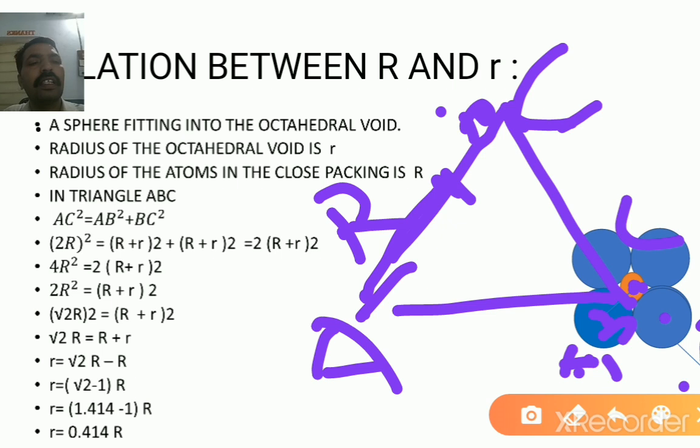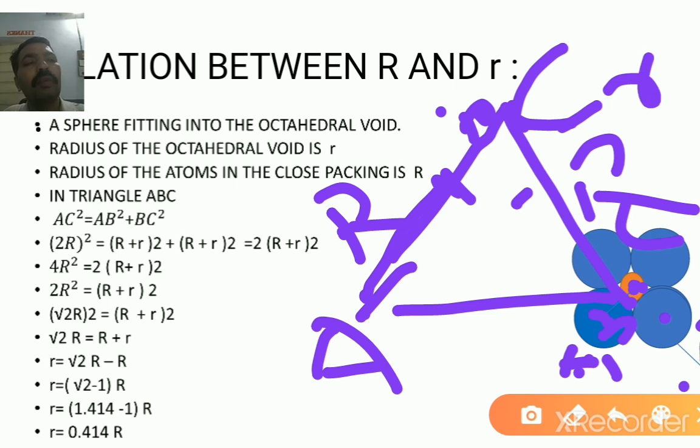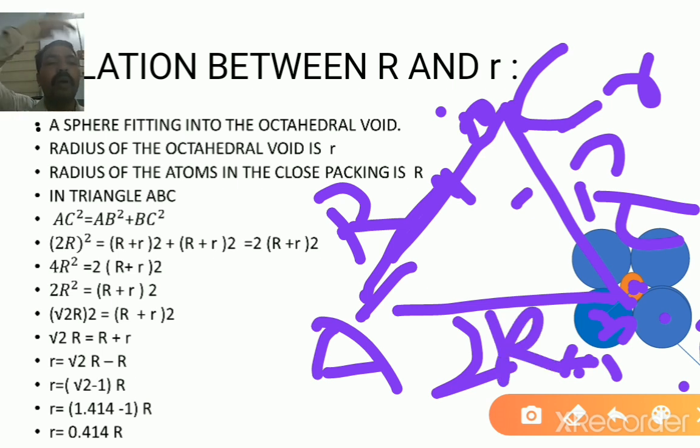Same here: capital R is the radius of the constituent particle and small r is the radius of the octahedral void. And the AB distance, center of A to center of B, is 2R.